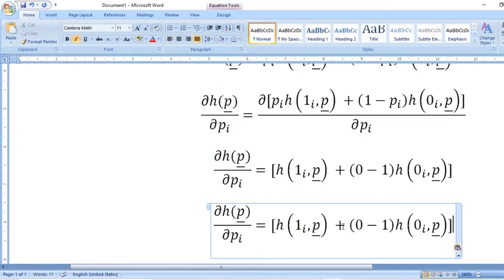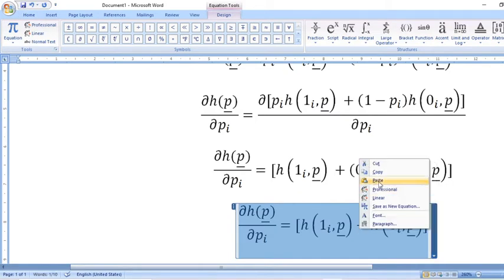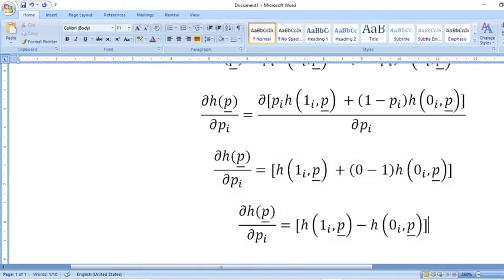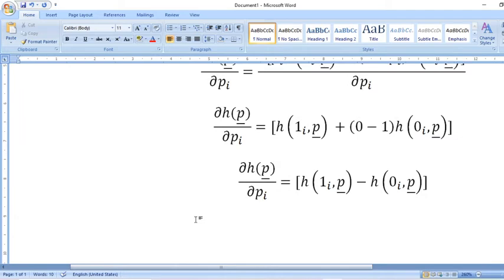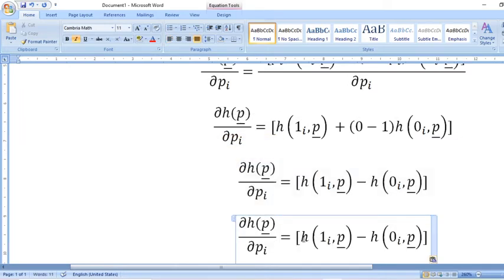Just replace with the minus sign. So what is the result? H of 1i comma p minus h of 0i comma p. But you know what h of 1i comma p is?